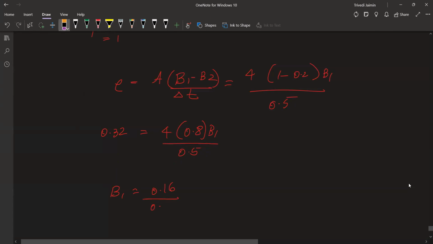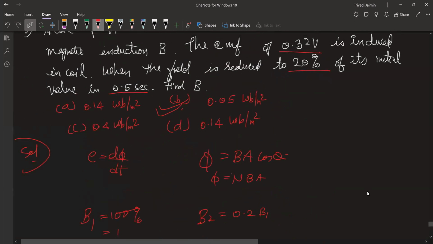No, not 0. 3.2. No? 0.5 only, sir. Zero point 0.05. 350 means 150 and 210 means 10 plus, so it is 160, means 0.16. So option B.